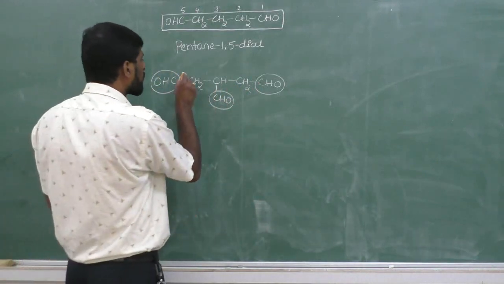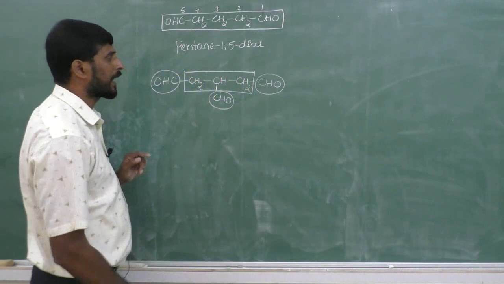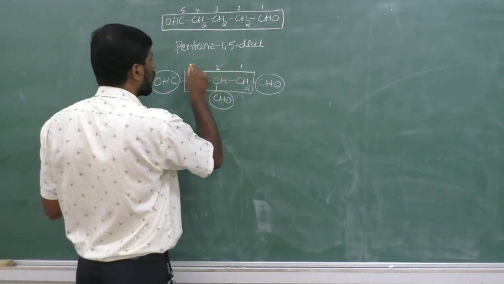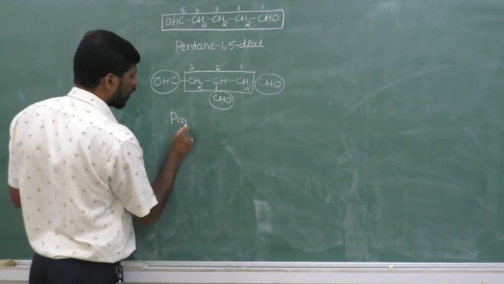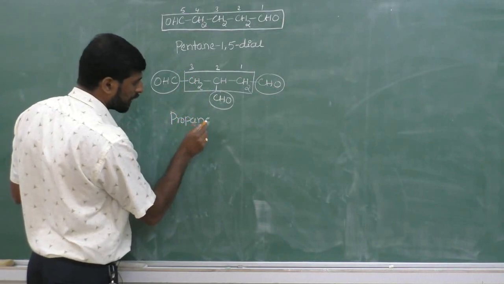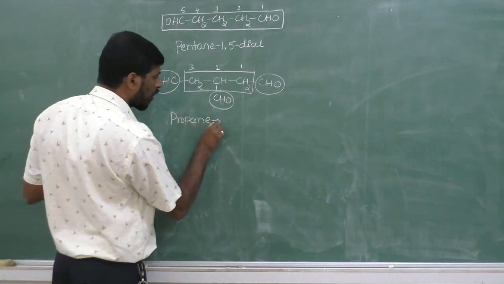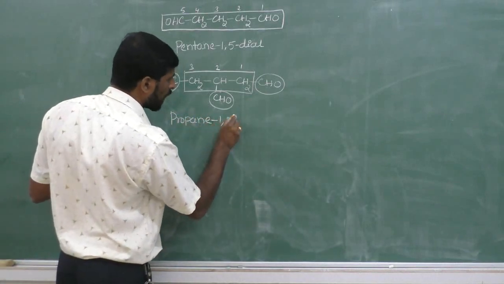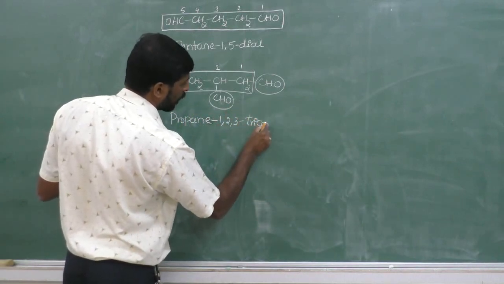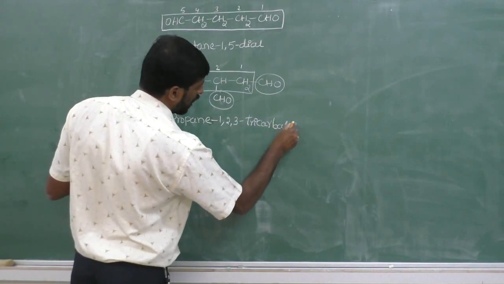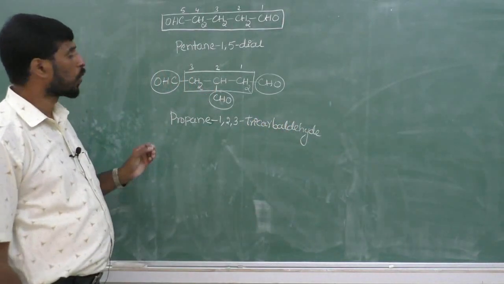Now, what is the parent chain? The parent chain is this one. It contains 3 carbon atoms, therefore it is 1, 2, 3. Hence, propane. See how I am writing? The last E is retained. Propane-1,2,3-tricarbaldehyde.